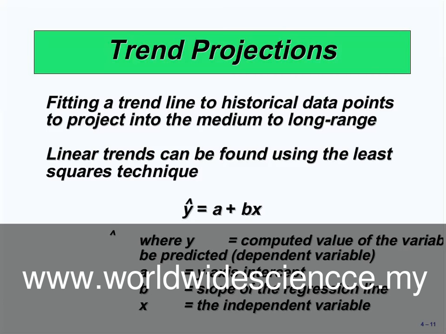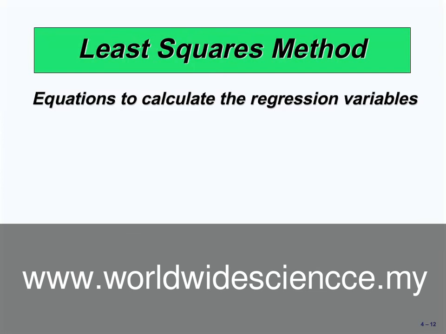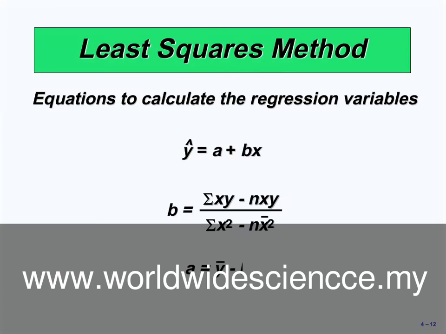A and B is the slope and intercept of the equation. You know about the linear equation. All of us have studied linear equations in mathematics in high school.